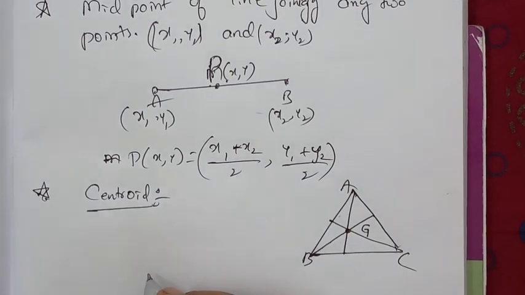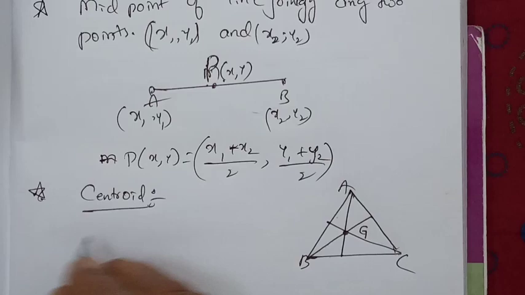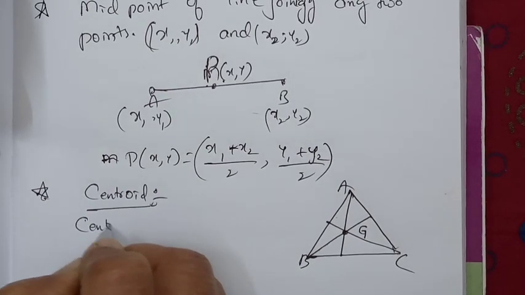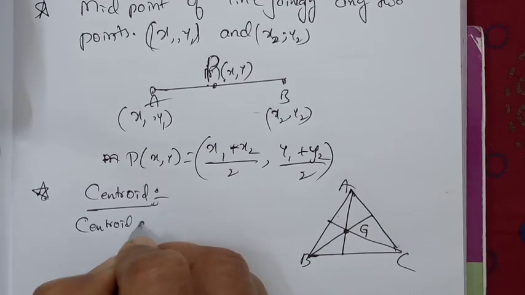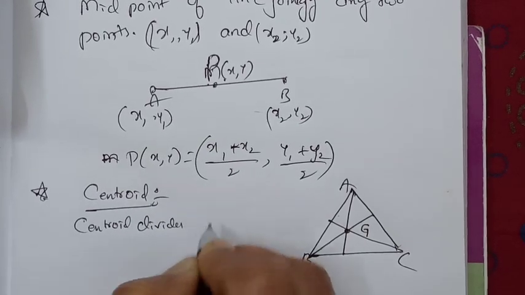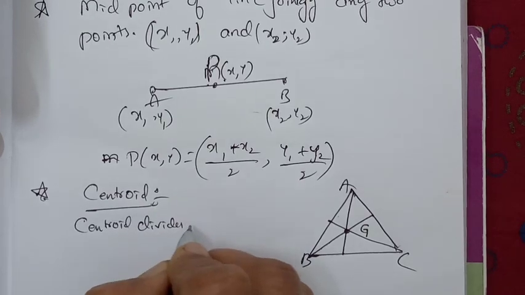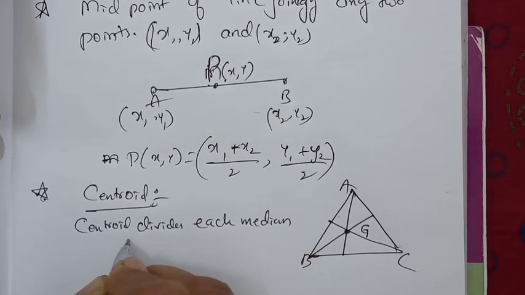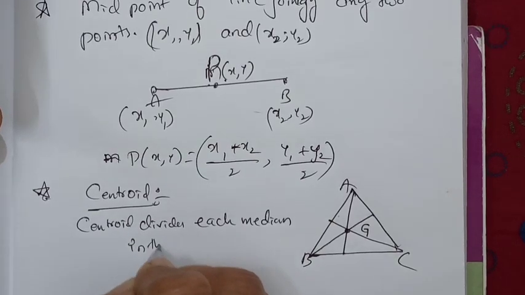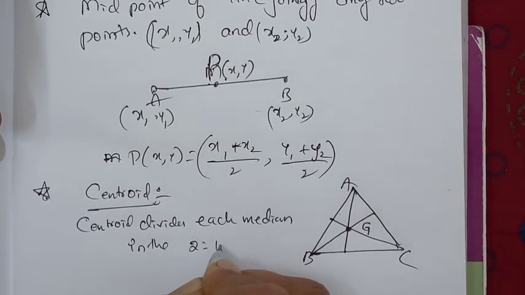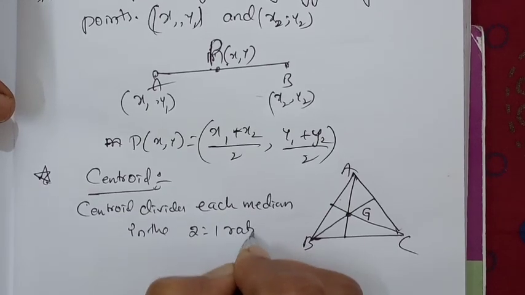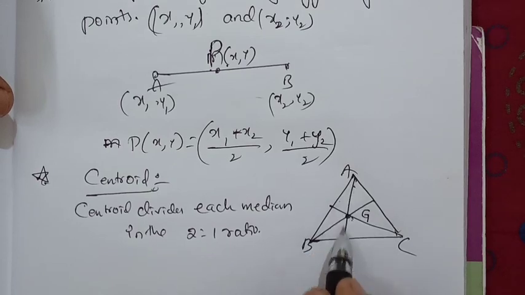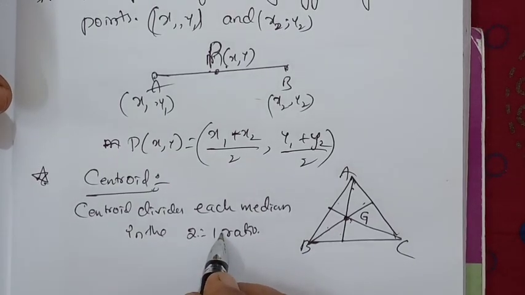Okay, so I'll write the point also. Centroid G divides each median in the 2:1 ratio.